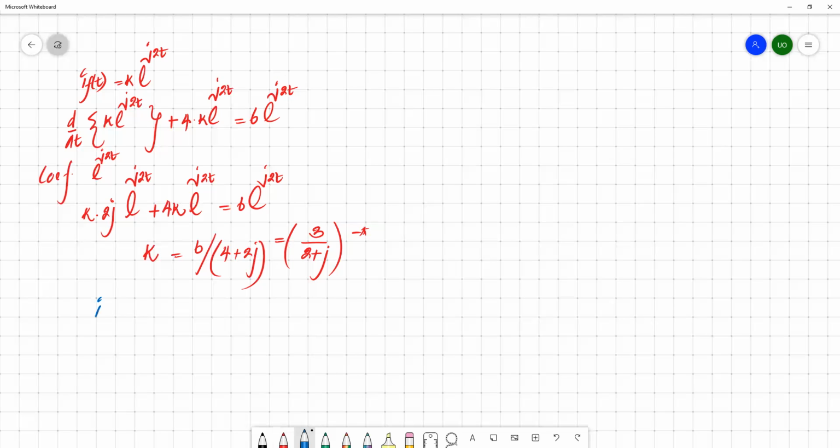Now your forced response is the complex number 3 divided by 2 plus j times e to the power j2t. So how do you simplify it further?